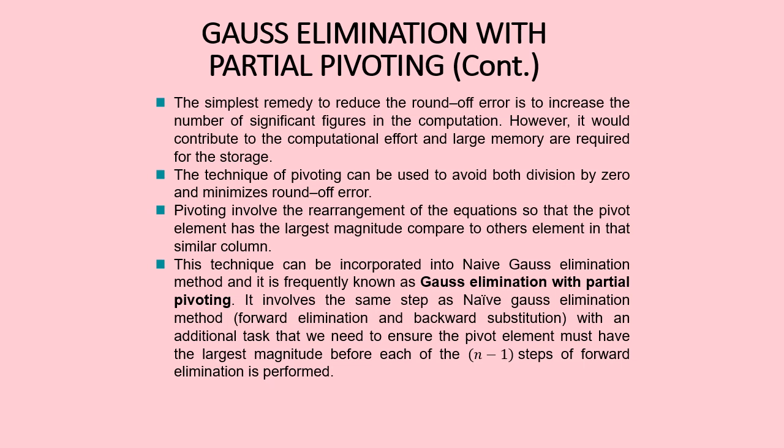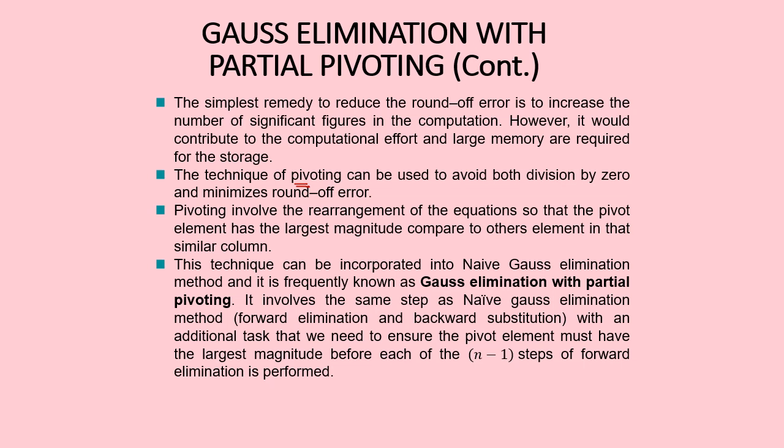The simplest remedy to reduce the round-off error is to increase the number of significant figures in the computation. However, it would contribute to the computational effort and large memory is required for storage. Then the technique of pivoting can be used to avoid both division by zero and also minimize round-off error.